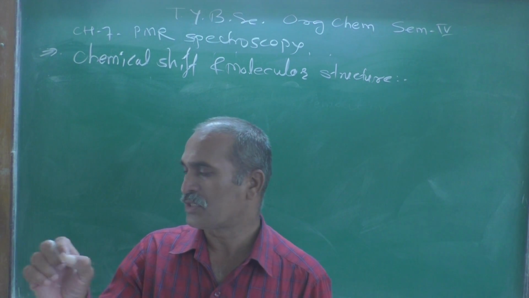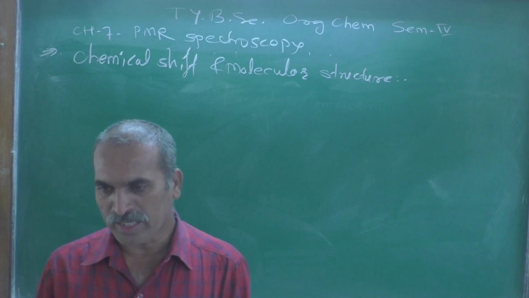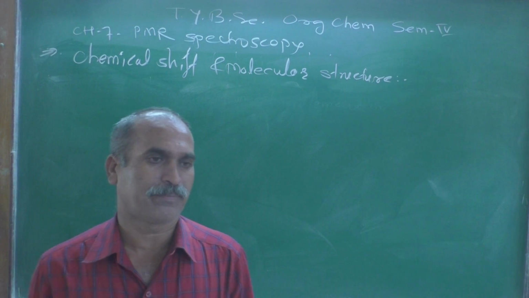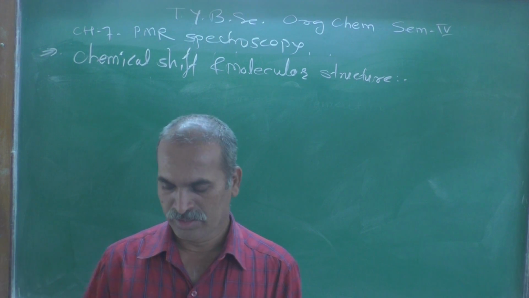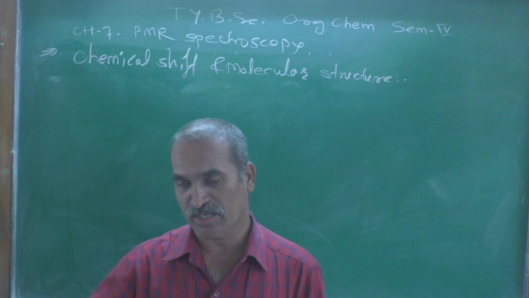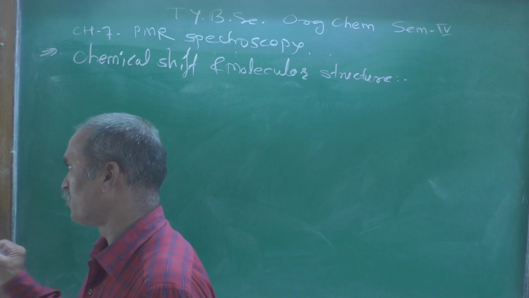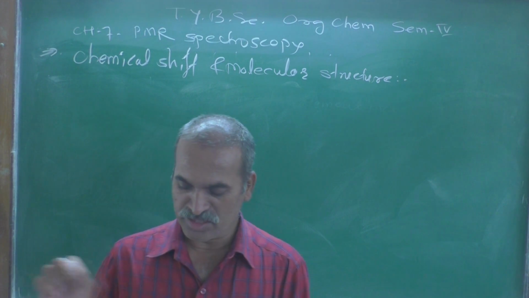That is a general statement you must remember while justifying the chemical shift value. Why is there an increase in chemical shift value, and why are the values observed in increasing order?